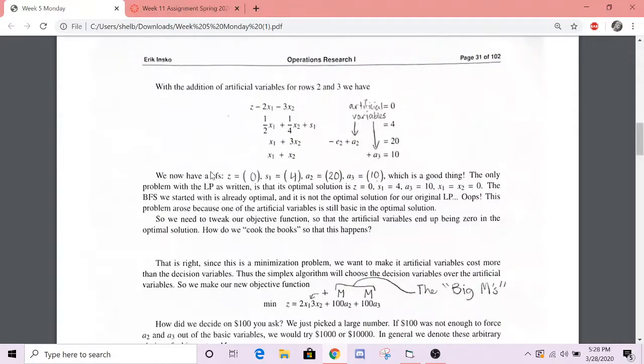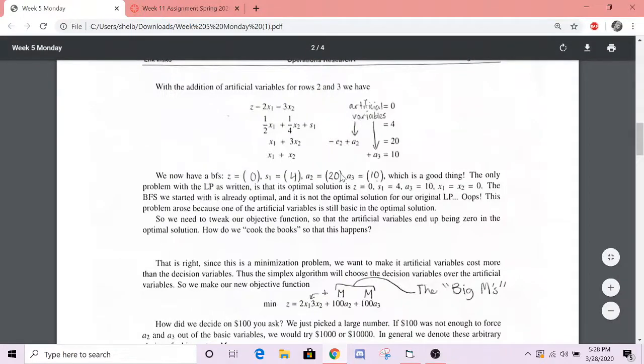And now we have the following: Z is equal to 0, S1 is equal to 4, because if we look at S1, it is equal to 4. If we're looking strictly at the table, then A2 is equal to 20 and A3 is equal to 10, which is what we want.